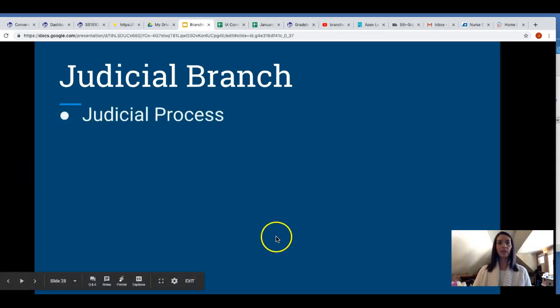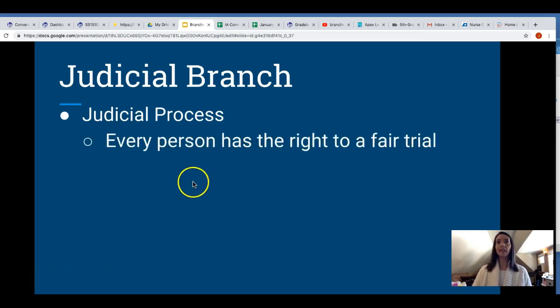So here we go. We're going to talk about the judicial process, and it says that every person has the right to a fair trial. So anybody in the United States, if you are accused of a crime, you have the right to a fair trial.